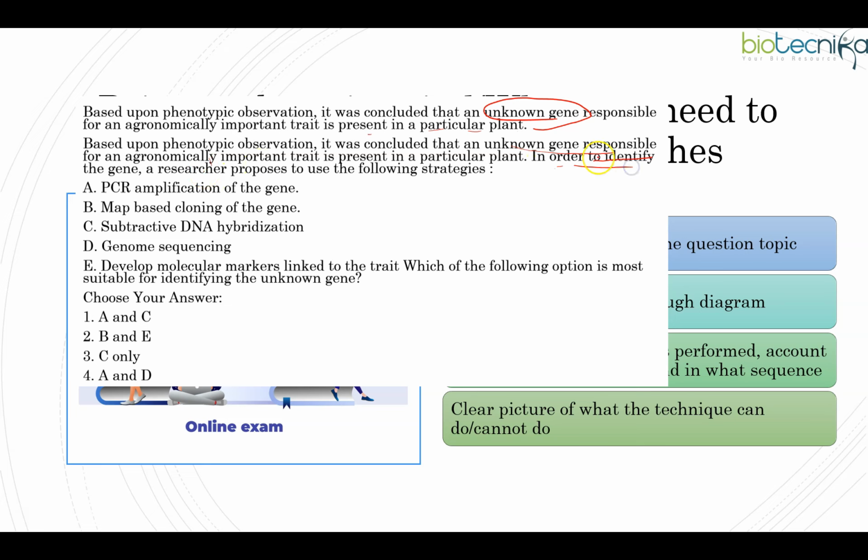In order to identify the gene, a researcher proposes to use the following strategies, right? So, which out of these? Now, an unknown gene responsible for a certain character can be only identified through map-based cloning and through developing of the molecular markers. So, they have asked which of the following options is most suitable for identifying the unknown genes. Okay, so this should be option B and E.